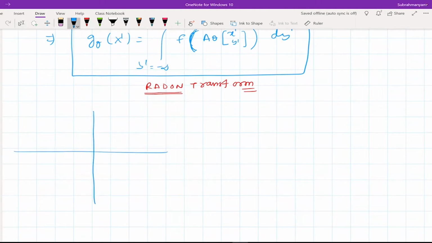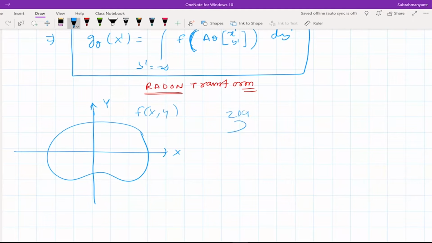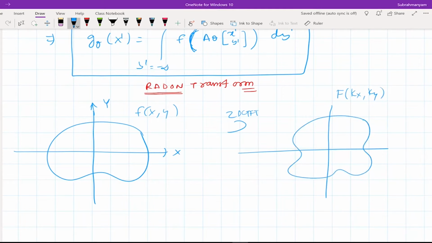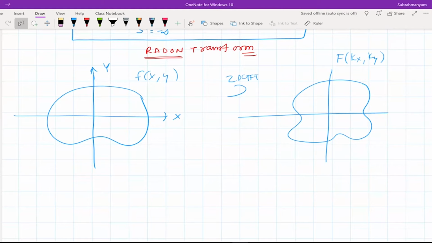So now you have an object here, x and y. Let's call it f of x comma y. You take the two-dimensional CTFT of it. Let's call it F of kx comma ky. Now you take a projection of it, just like we did earlier.